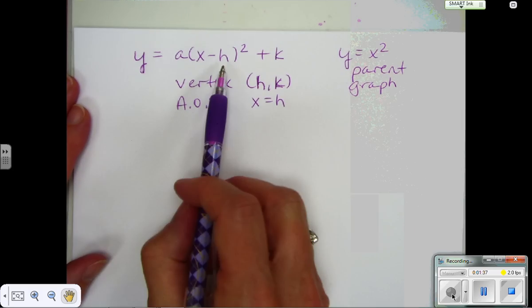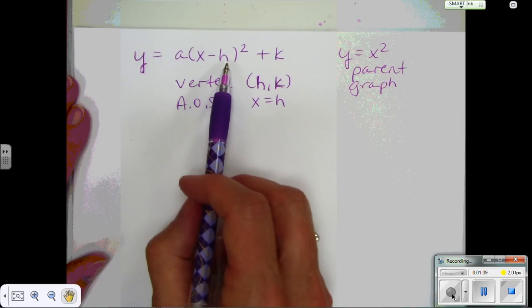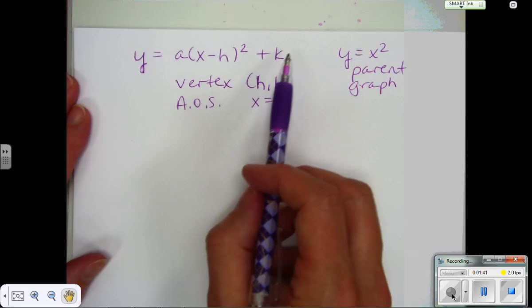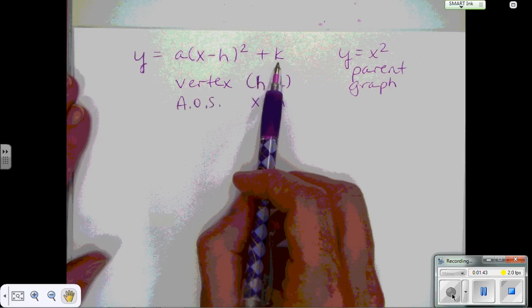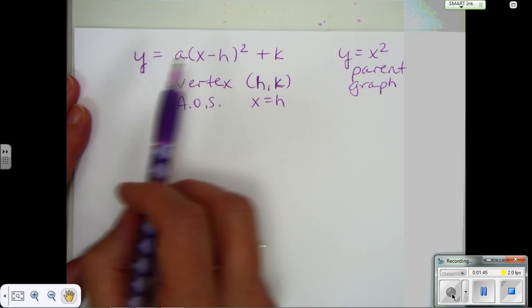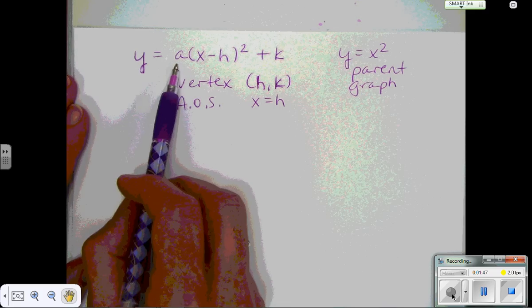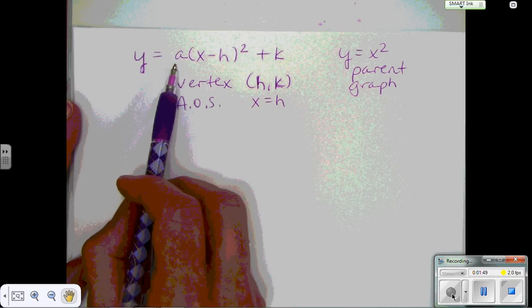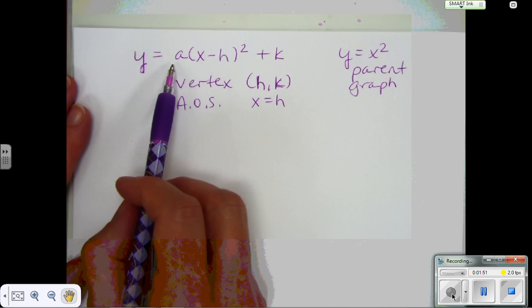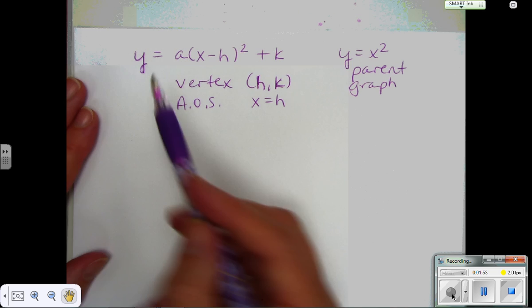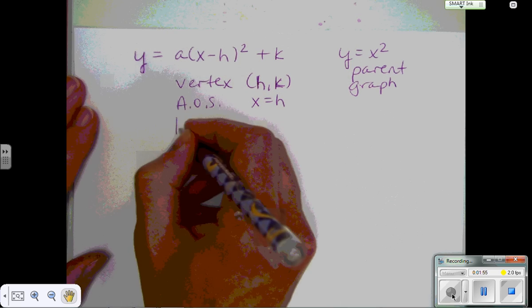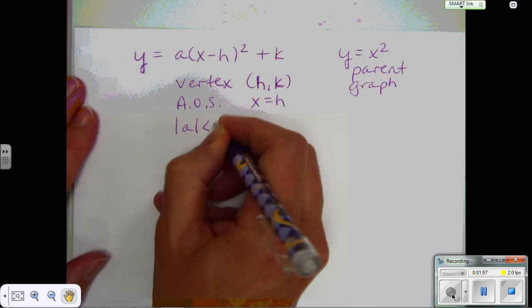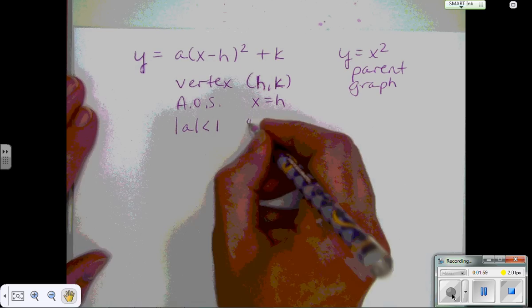The h is going to shift the vertex of the graph left or right. The k is going to shift the vertex of the graph up or down. And then the a tells you if it goes up faster, which would make it skinnier, or slower, which would make it wider. So if the absolute value of a is less than 1, the graph is wider.